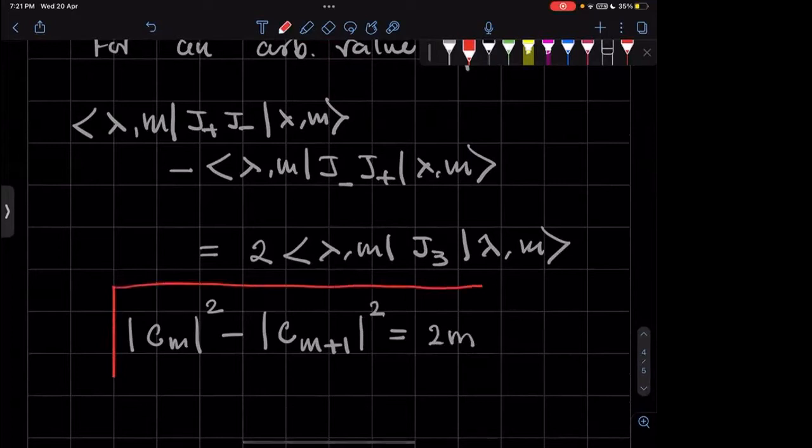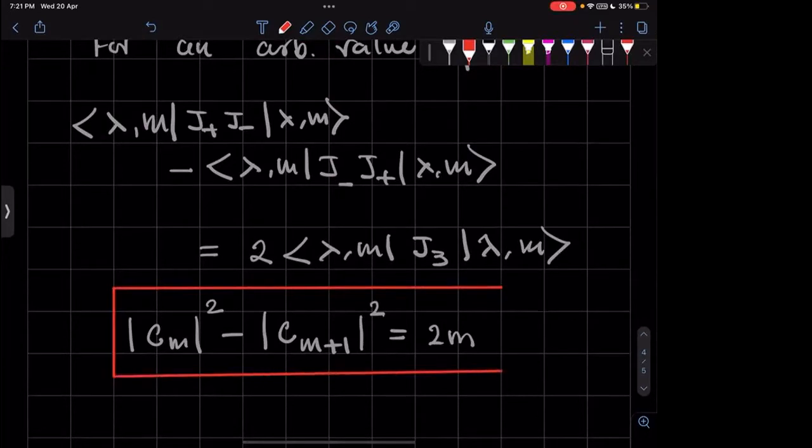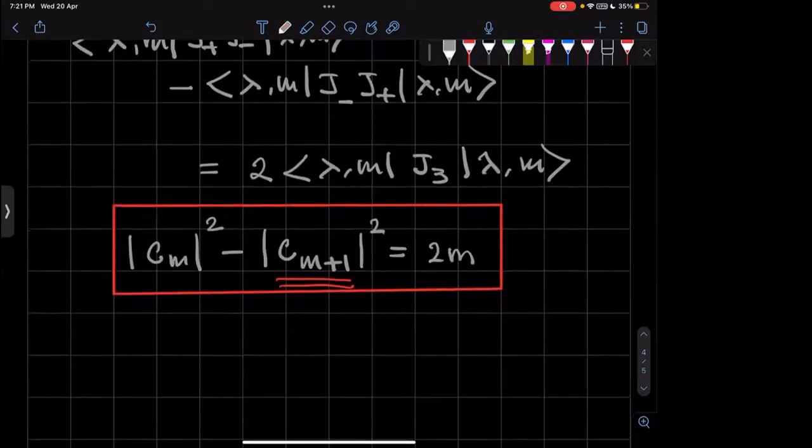Okay, so this is a very important equation that we have now. What kind of relationship is this? Can somebody tell me? Where if I have a given value, it's a recursive relationship or recursion relationship, right?